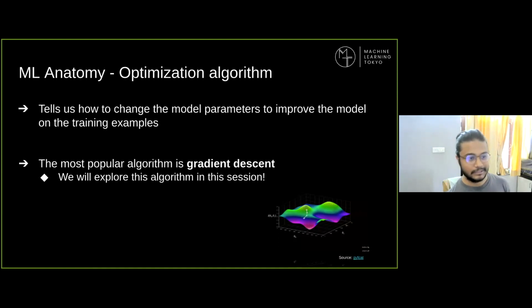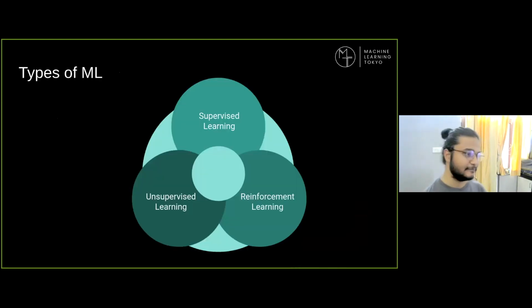So we have to be mindful of that as well. But the basic idea is that we are using this algorithm to tune our parameters so that we can minimize the objective function essentially, right?